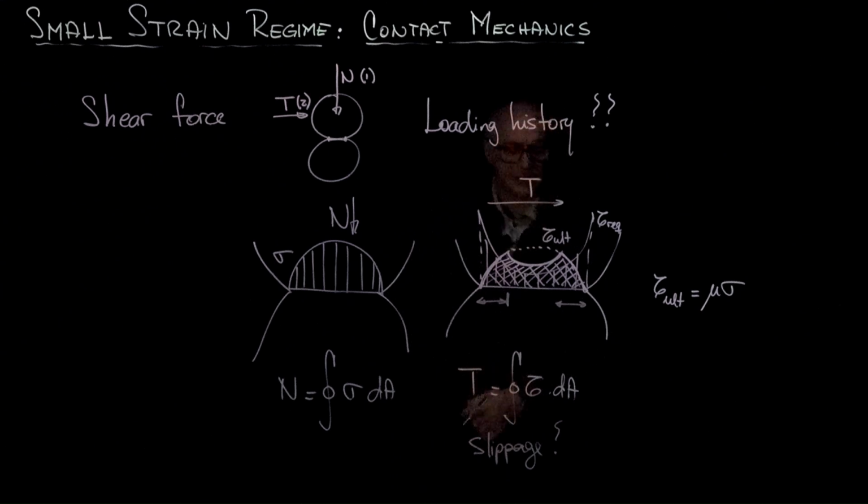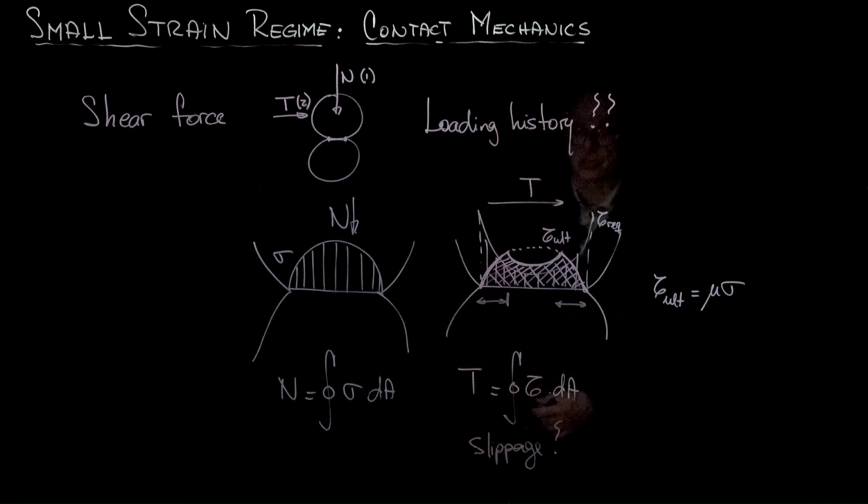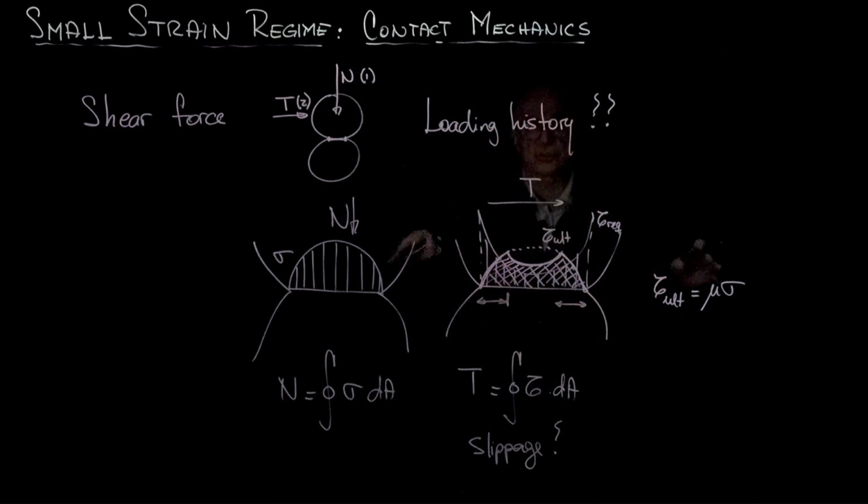And now we have very important implications. In a granular material, contacts are subjected to normal and shear forces because of the multiple orientations. This is not just a simple cubic packing vertically loaded.